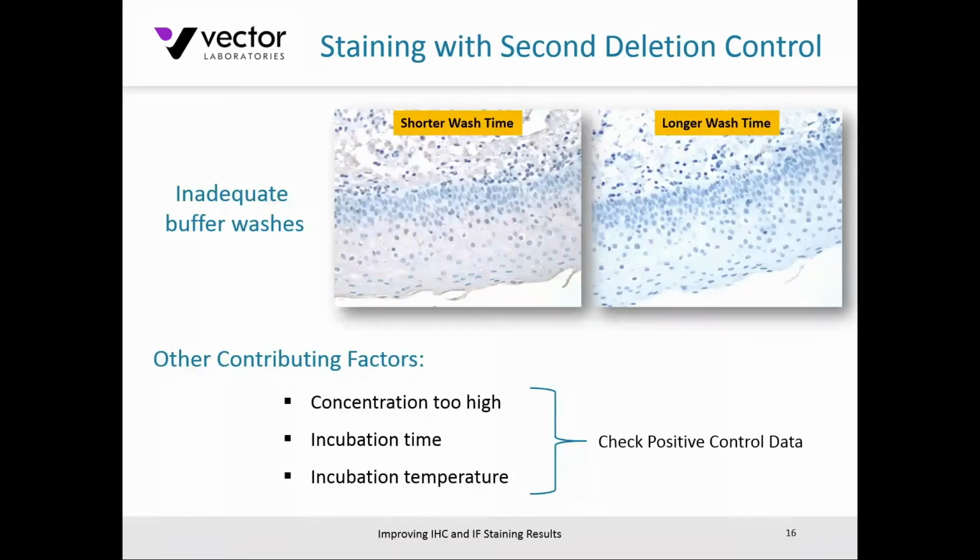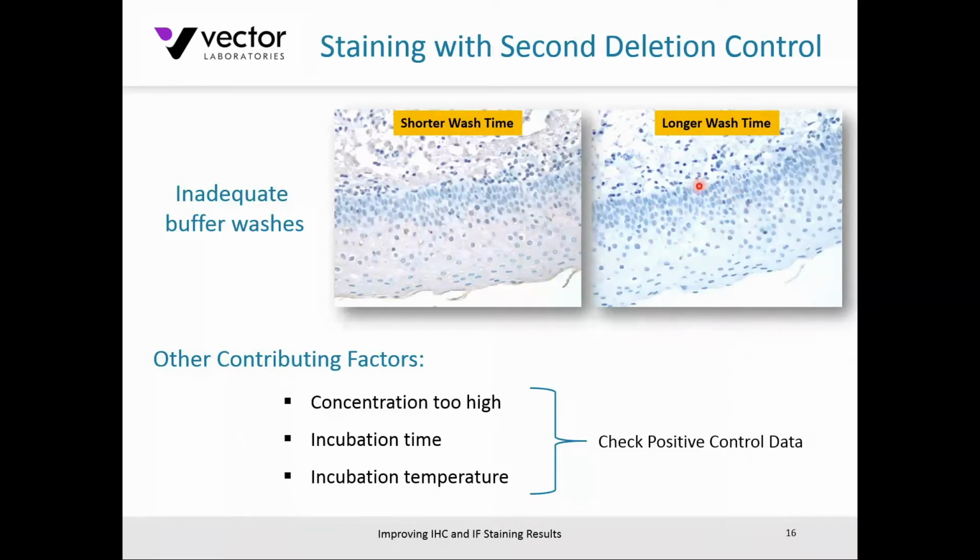Okay, just following on here again, staining with this second deletion control. Potentially, you may see an overall toning in your sections, for example, with enzyme-based polymers. If you skimp on the buffer washes, if you don't use enough or don't run them as long as perhaps you could. So again, throw in an extra wash, run it a little longer.